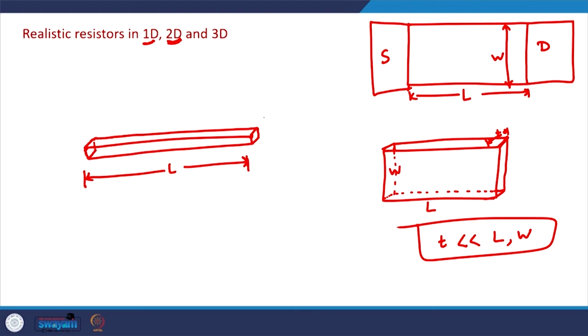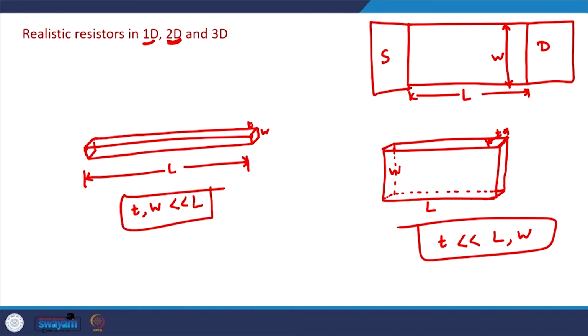It will have a certain length, a width as well, and thickness as well. And in a practical 1D channel, this thickness and width will be extremely smaller than the length of the conductor. And 3D is essentially 3D.